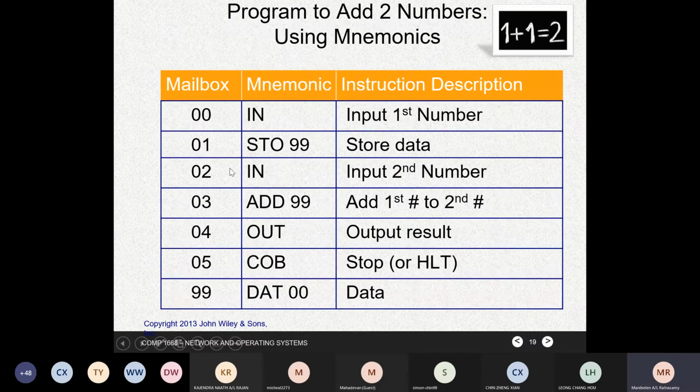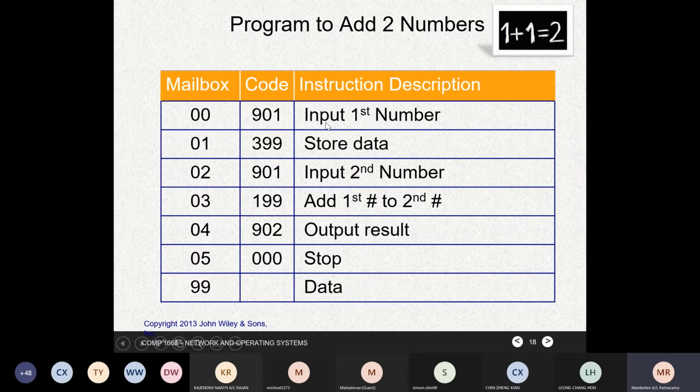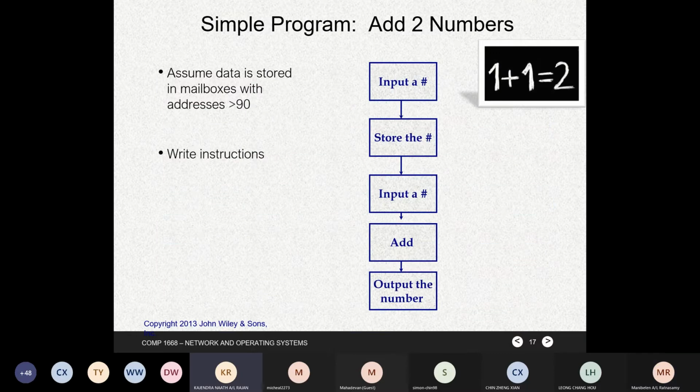They will ask you to write this code. What is the code? Yes. I have a question. When we input the first number, we store the data, right? Why, when we input the second number, we don't store the data? Like what I said earlier, you're not going to save this whole operation. This whole operation is temporary.